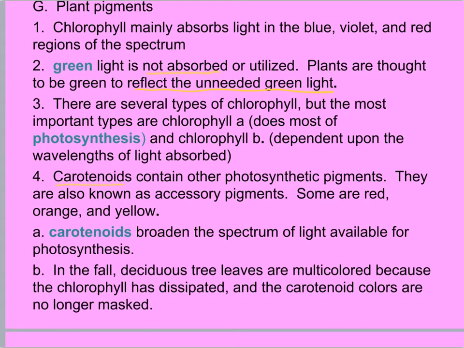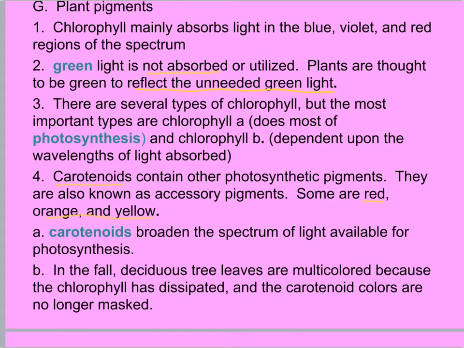These are going to be your red, orange, and yellow colors. Think of plants that are those colors, like sweet potatoes and carrots and tomatoes. They're going to have carotenoids in them. And those pigments are also photosynthetic. Carotenoids broaden the spectrum of light available for photosynthesis.